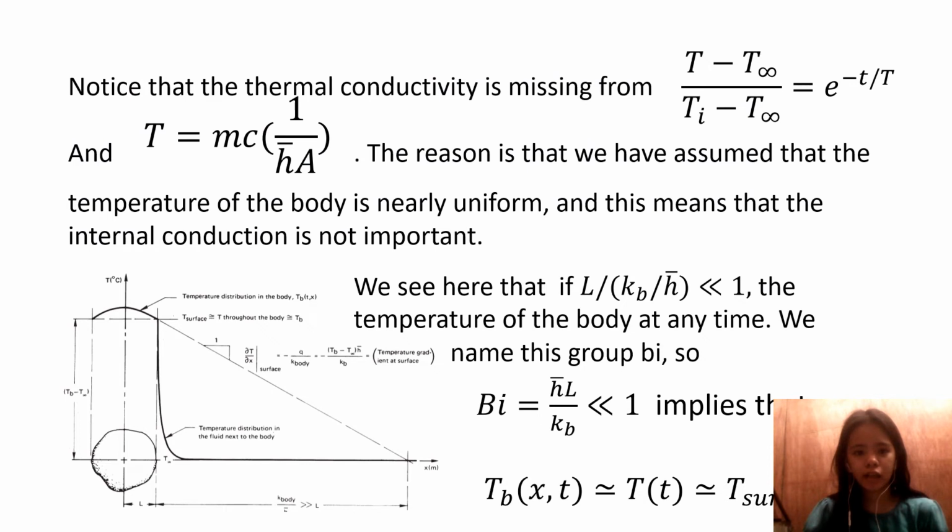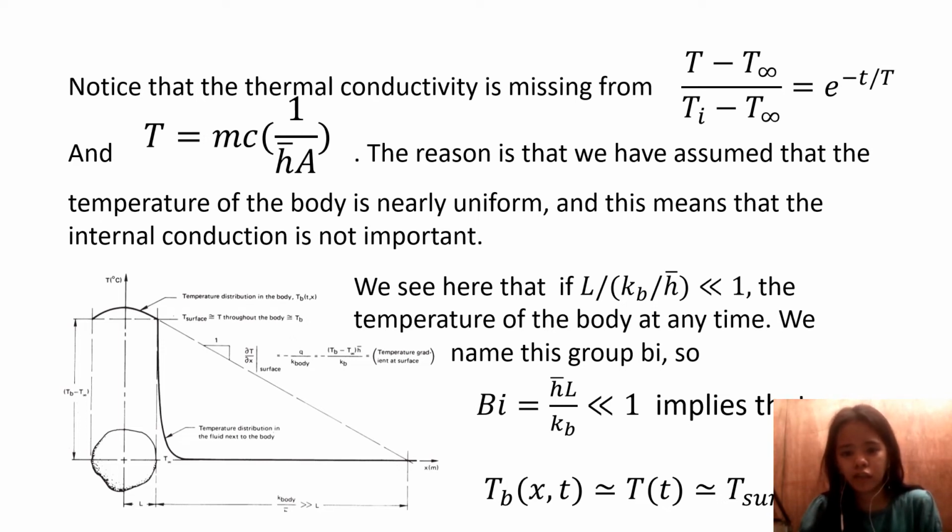Notice that the thermal conductivity is missing from (T minus T infinity) over (T i minus T infinity) equals e to the power of negative t over tau, where tau equals m c times 1 over h A. The reason is that we assume the temperature of the body is uniform, and this means that internal conduction is not important.